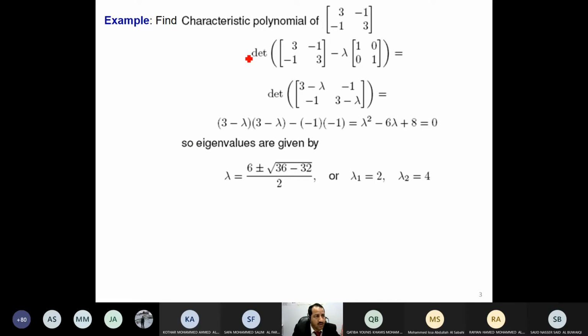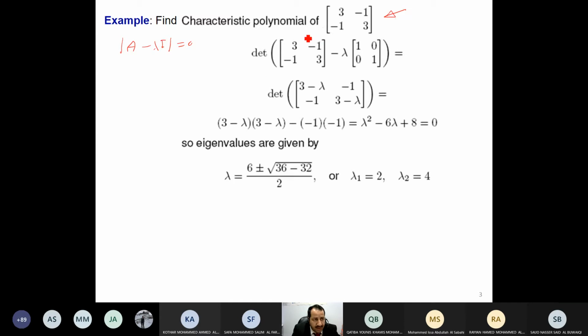Today I will solve problems more. Find the characteristic polynomial of this matrix. He gave me the matrix A. It's 2 by 2: 3, minus 1, minus 1, 3. And I know that the characteristic equation says determinant of A minus lambda I equals 0.